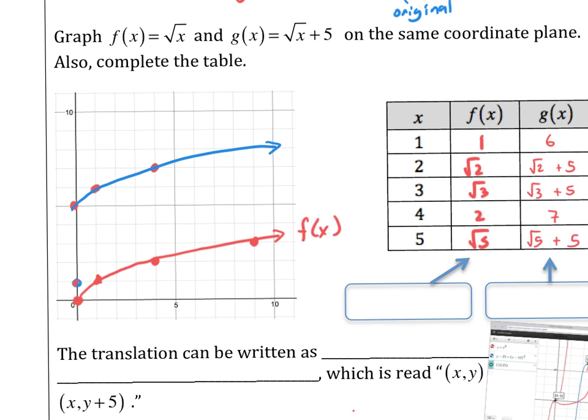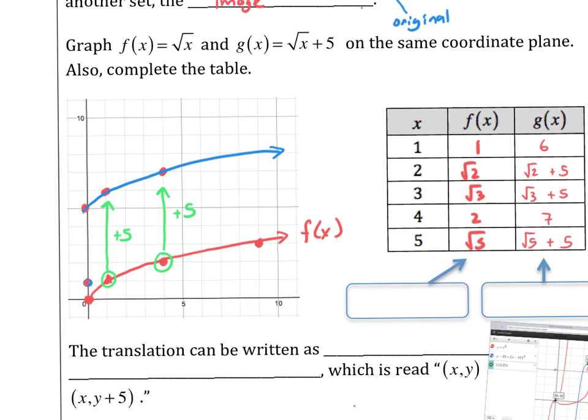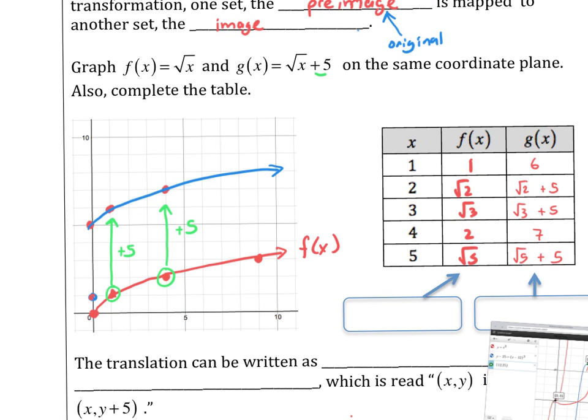So what are we noticing here? The key thing to notice is each of these individual points is doing what? It's just moving up 5. It's just moving up 5. And what's nice is, as we are looking at my original function, I see that there is an up 5 correspondence there.